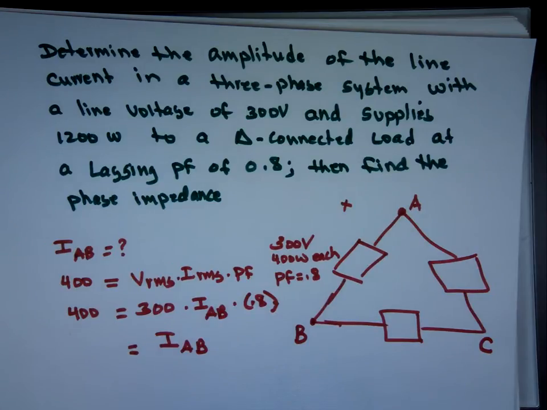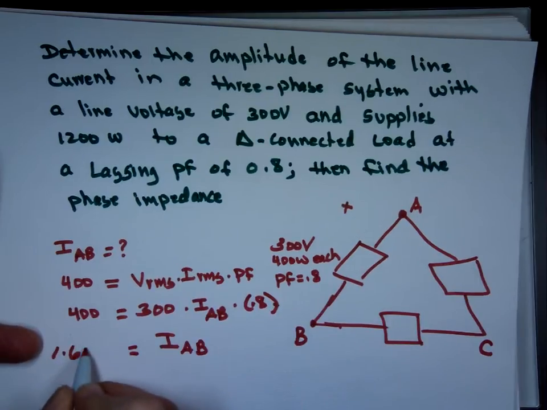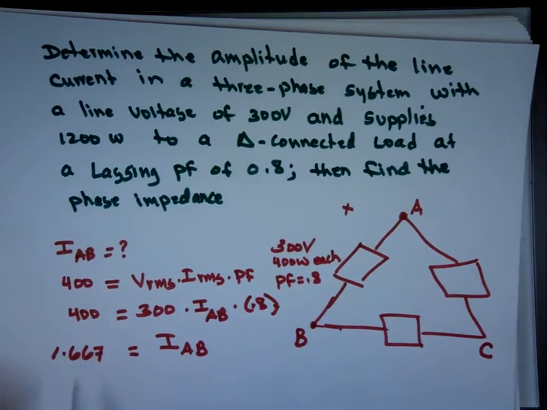Okay, that would be 400 times 0.8, 320, so what did I do that for? 400 divided by 300 divided by 0.8. 1.667. That's the magnitude of it. No angle.